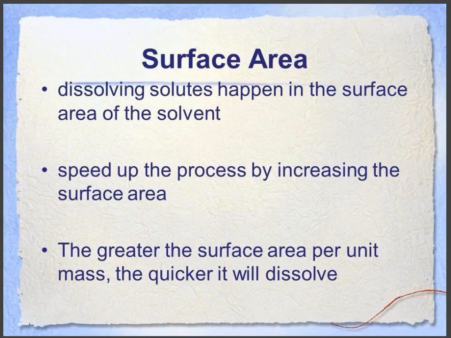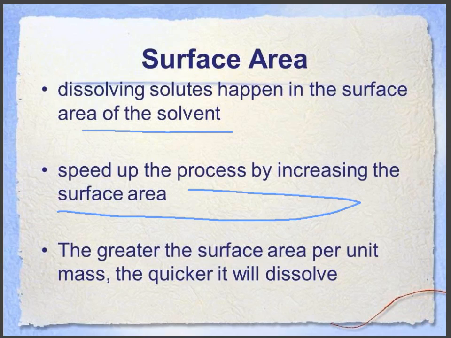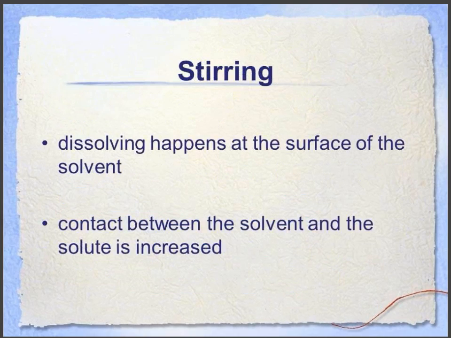Another factor is what we call surface area. Dissolving happens at the surface of the solvent. The dissolution of the solute speeds up by increasing the surface area. The greater the surface area per unit mass, the quicker the solute will dissolve.